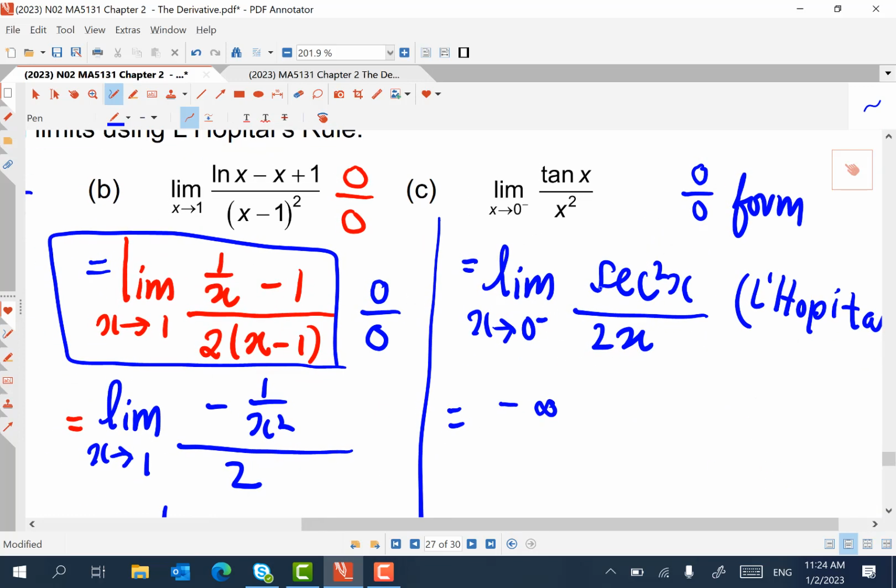Because the numerator will be positive and the denominator will be a small negative number. And you can't apply it again because it doesn't have the form.